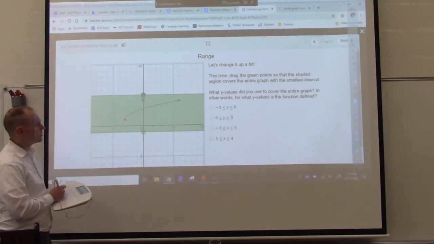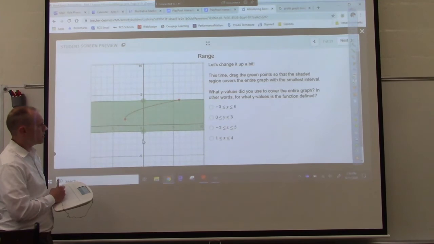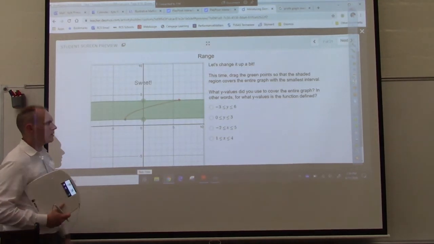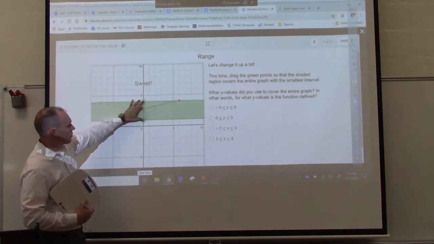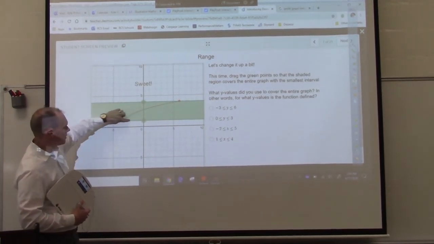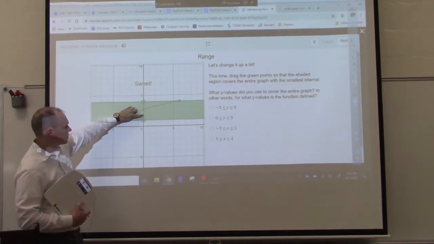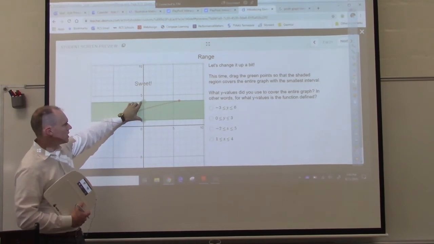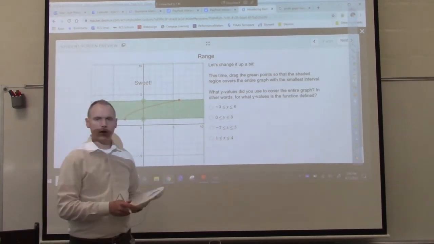So we want to shade this with as little shading as possible. And then look at what are the values in between here. All right, so it starts at a y value of 1, 2, 3, and it goes to 4. So between 1 and 4, right in here, that is our range.